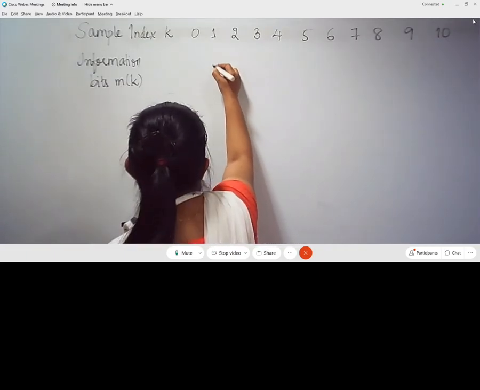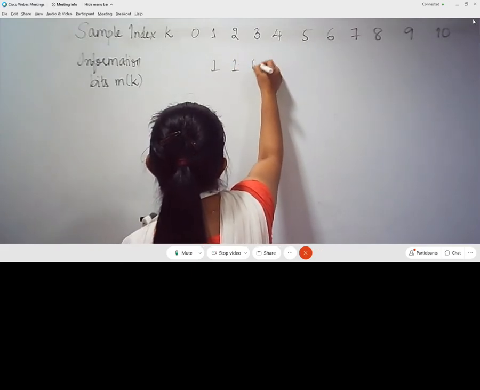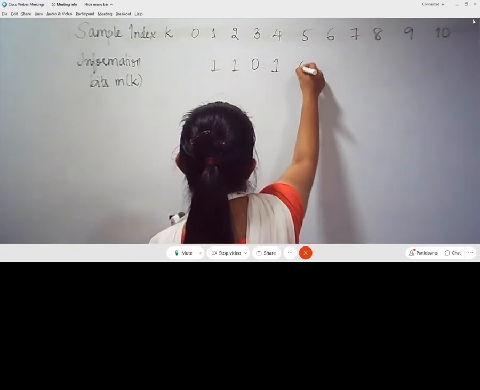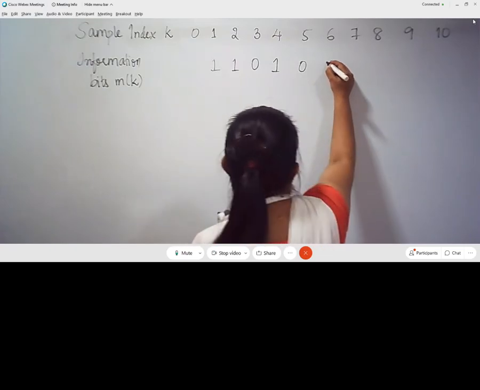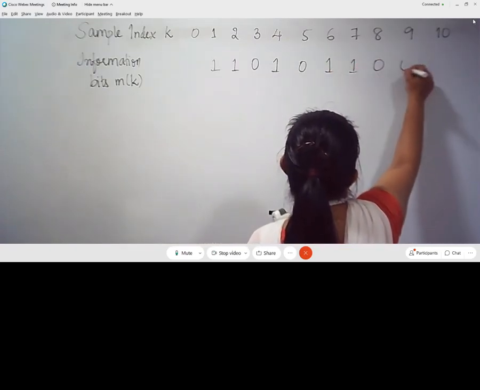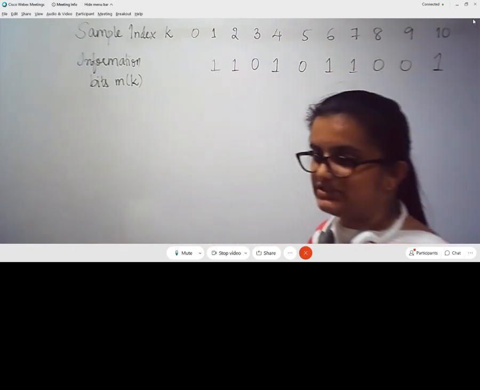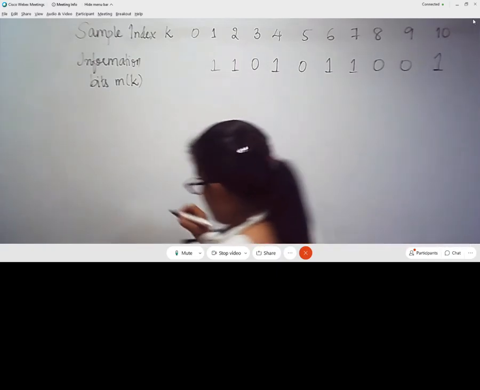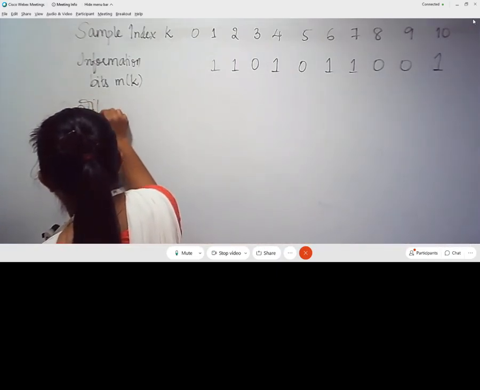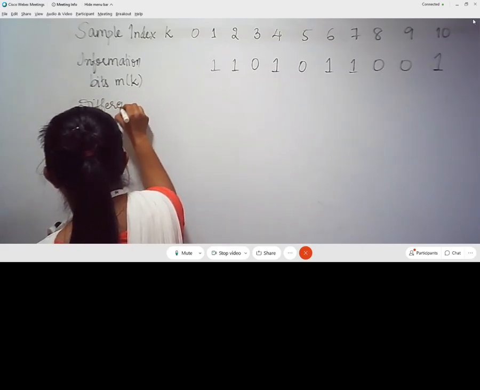The bit stream I am taking is 1 1 0 1 0 1 1 0 0 1. This is the bit stream, and then I am doing the differential encoding for the message m of k.